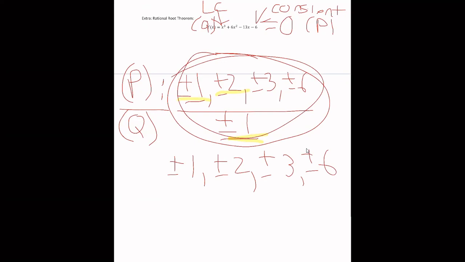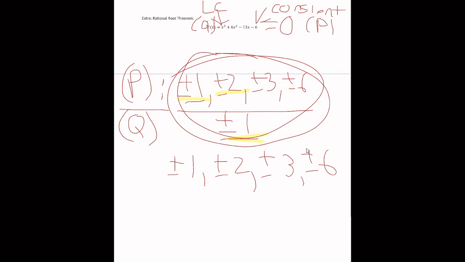If you looked at this over that, you could also have 2 over 1, you could also have 3 over 1, then you could also have 6. If you just pulled anything out of this fraction we just created, these are all things that could be solutions. These are not solutions themselves. We have to test these.